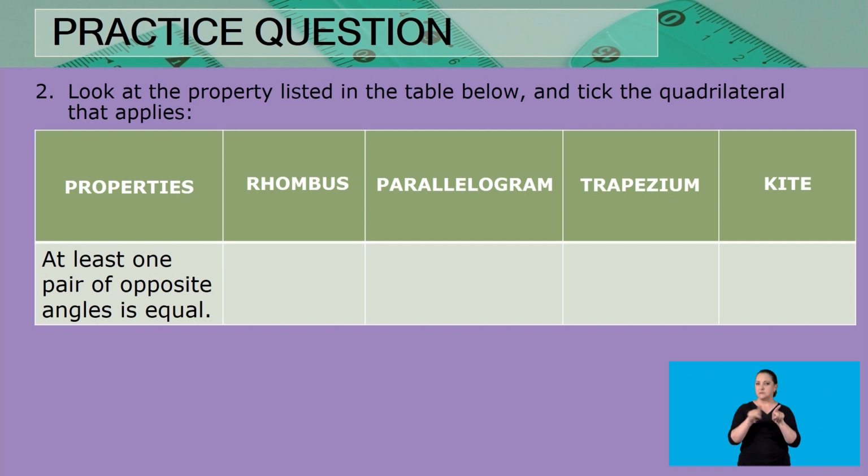So we know that the opposite angles that are equal is definitely a parallelogram. And if it applies to a parallelogram, that means it applies to a rhombus as well. What about a trapezium? Does it have opposite angles that are equal? No, it does not. And what about a kite? Does it have at least one pair of opposite angles that are equal? Yes, a kite also has at least one pair of opposite angles that are equal.